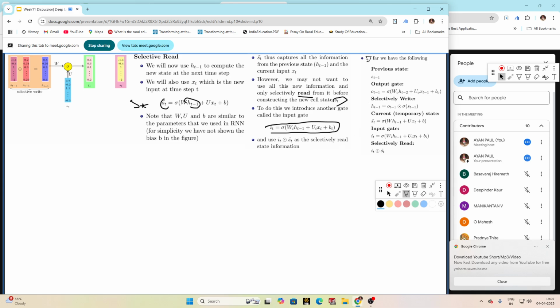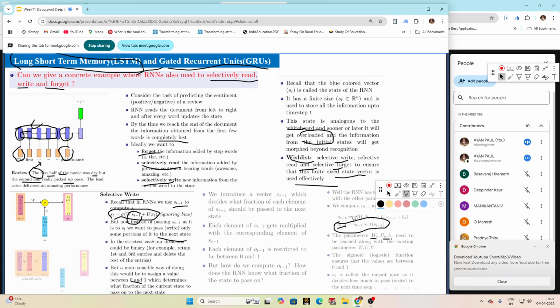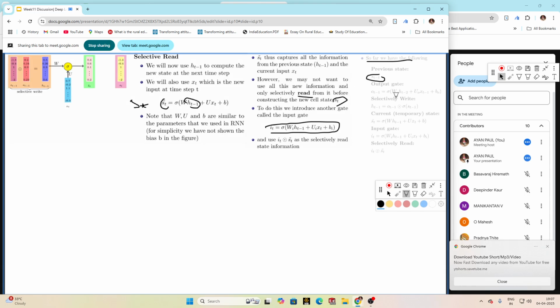So far, we have the previous state h_{t-1}, and we apply the output gate o_{t-1} to it, arriving at the updated h_{t-1}. This is the portion up to selectively write.